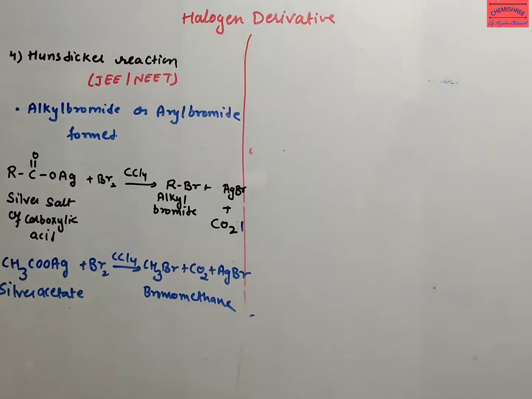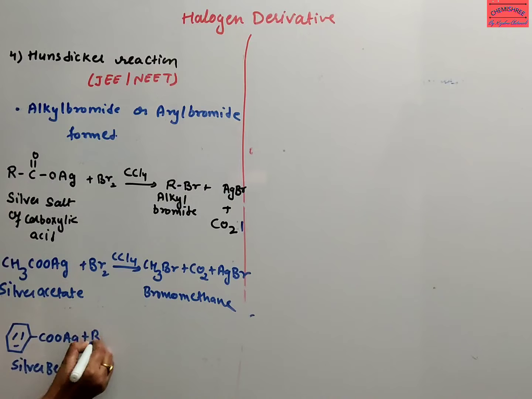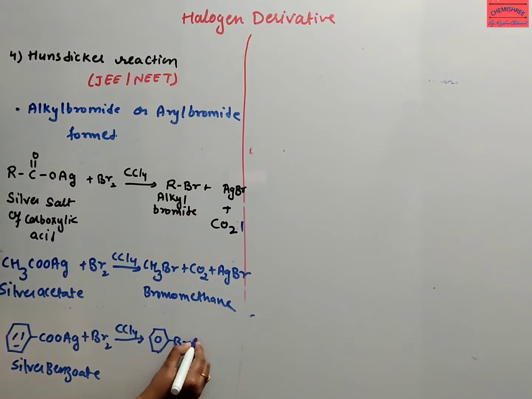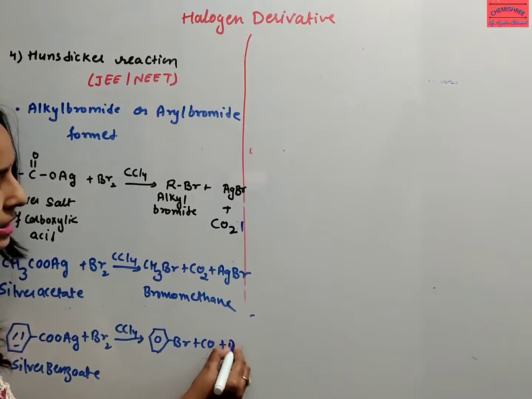Or instead of R, there could be a benzene ring. Silver benzoate plus bromine, CCl4. So it will give you bromobenzene plus carbon dioxide plus AgBr.